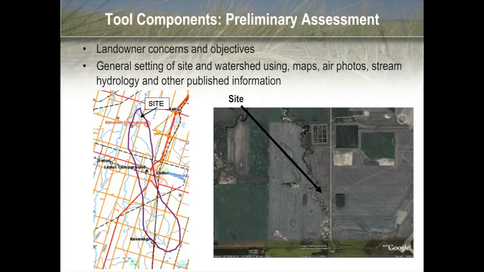The start of it is really, as well, under the program, it was a voluntary program. So we're making the assumption that we're working with landowners and farmers that have an interest in doing something. So immediately, it's important that you meet with the landowner and that you understand what their concerns are and their objectives. What do they want to get out of this buffer? Because we designed the tool mostly with water quality in mind. But when you start thinking about stream buffers, they have a lot of other benefits.